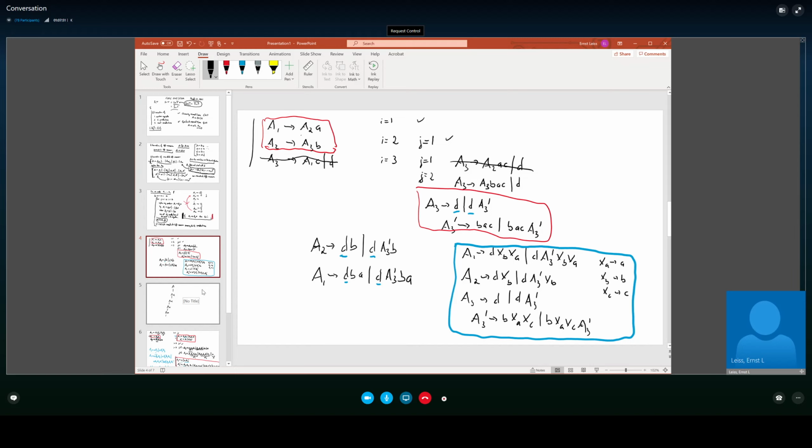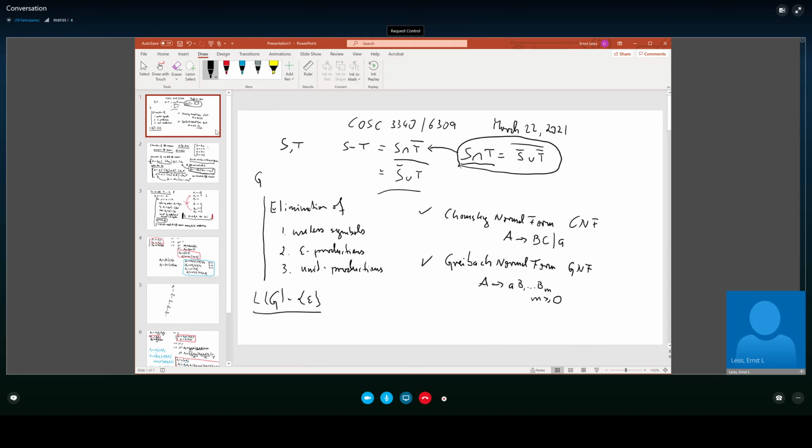Now, Greibach normal form, on the other hand, has a different property. It has the property that it will always consume a single terminal.